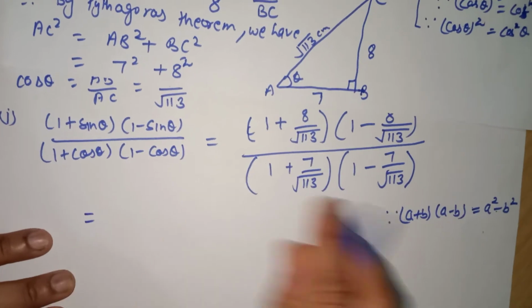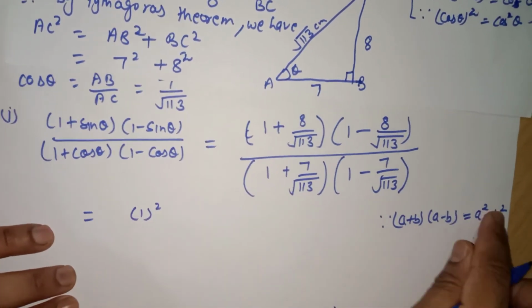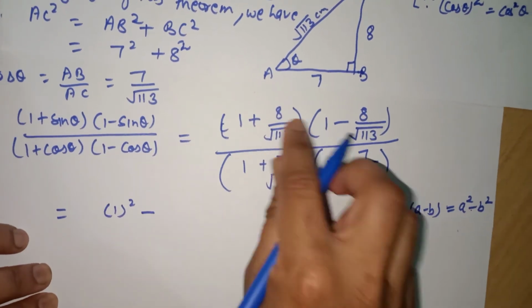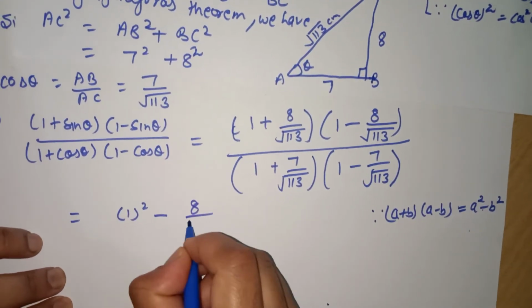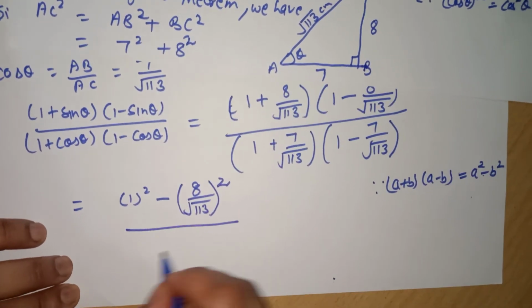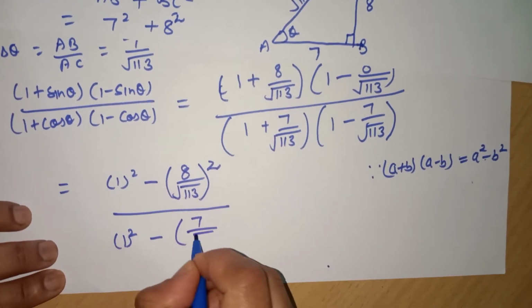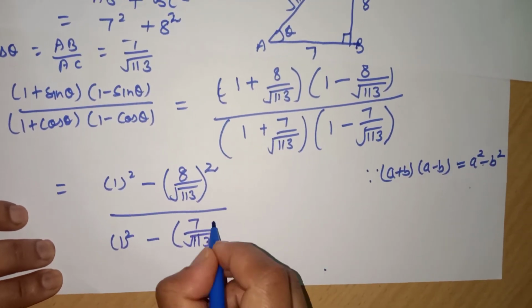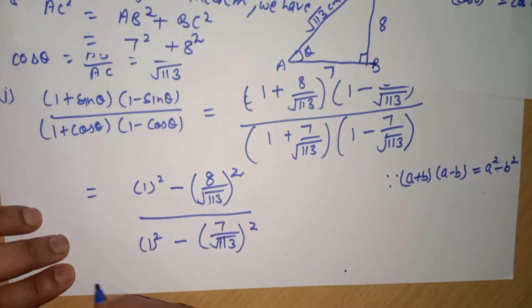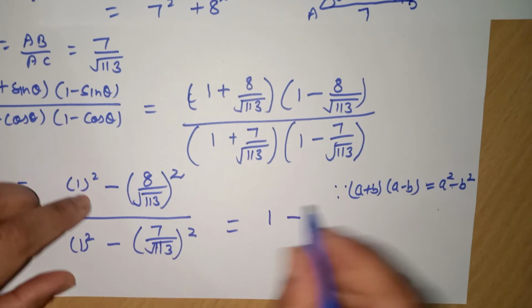So here our a is 1 square minus b square, where b is 8 upon square root of 113 whole square. Similarly in the denominator, 1 square minus 7 upon root 113 whole square. Now 1 square is equal to 1.